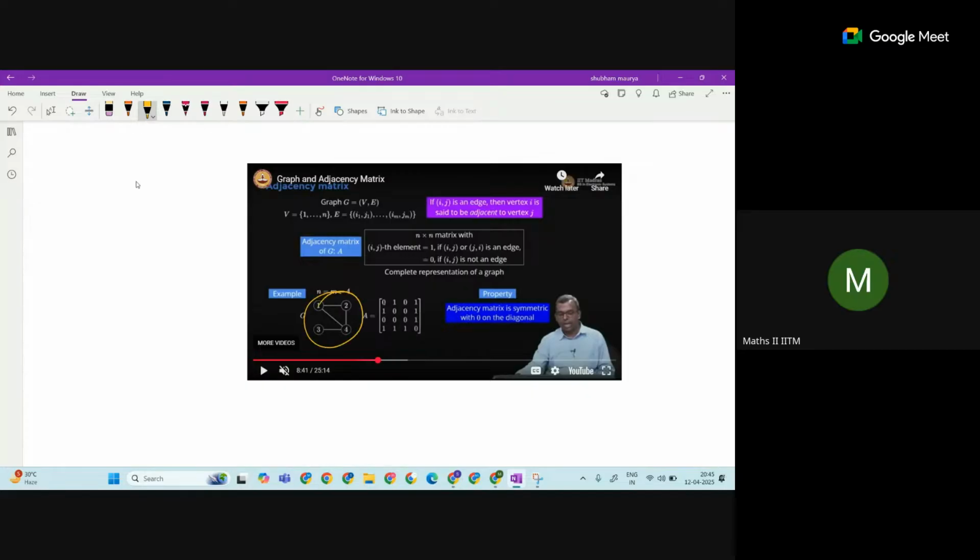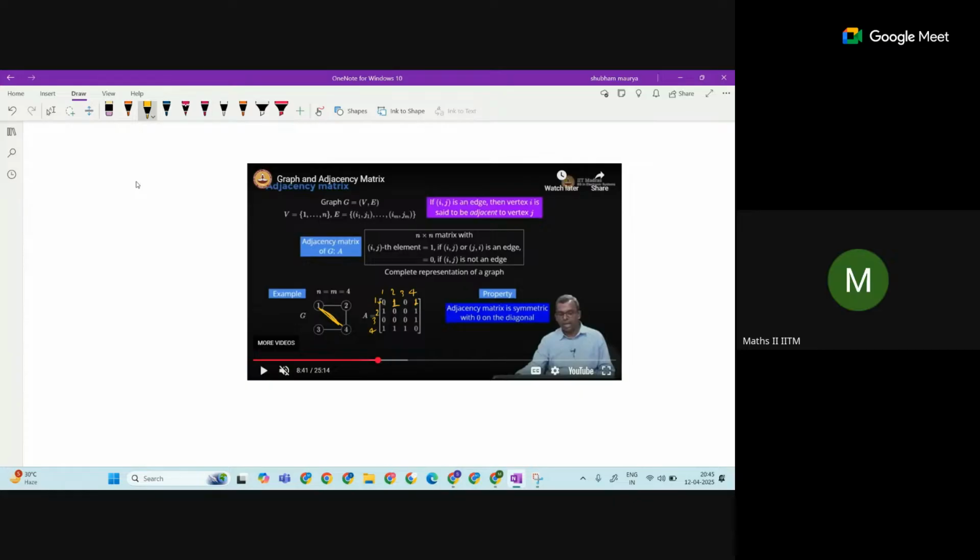For simplicity you can make it 1, 2, 3, 4. Now 1 and 4 have this edge, so this is 1 here, 1 and 4. And 1, 2, the graph has an edge there, so here is 1.